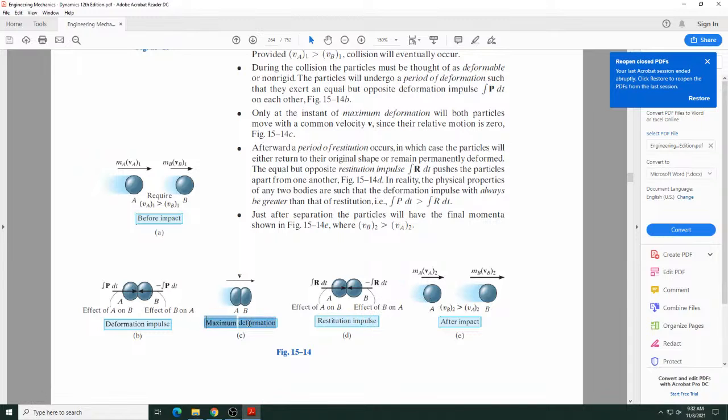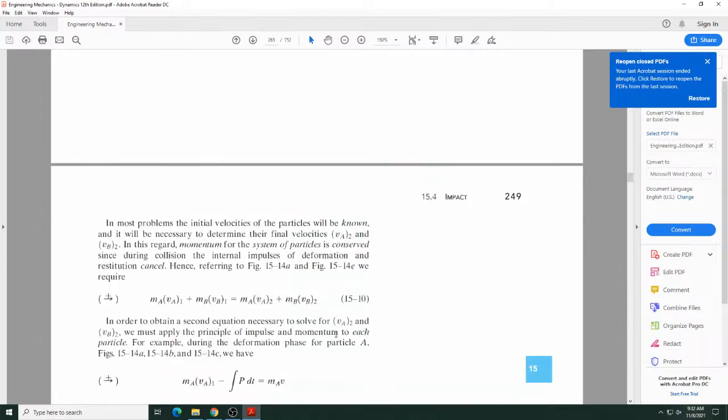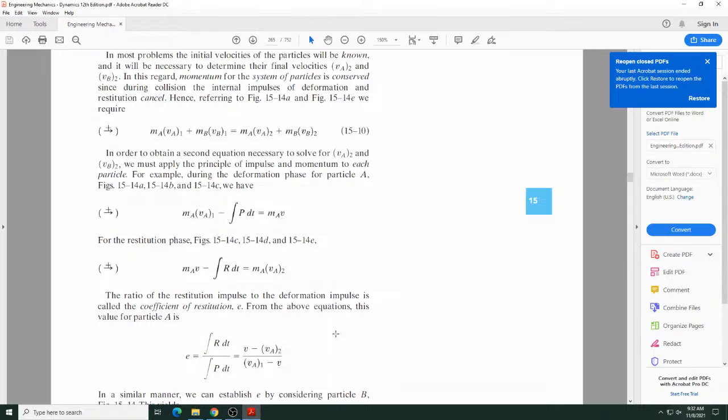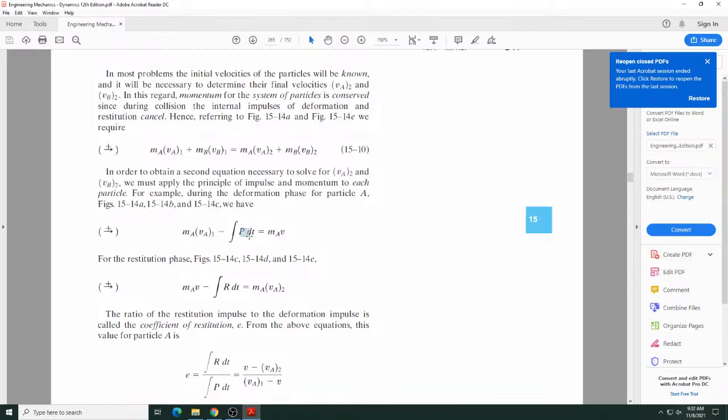This one is occurring as an instant, but you have a deformation impulse and a restitution impulse. It turns out that, and maybe we'll come back to this exact problem next time, because what you have is during the compression, and then you can actually show that there's a P.